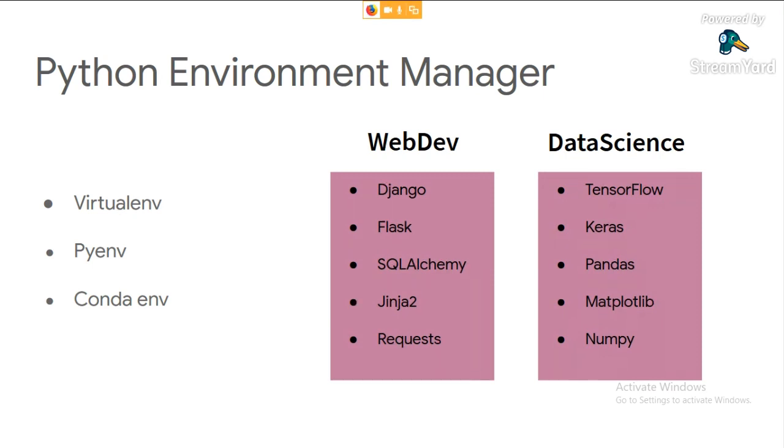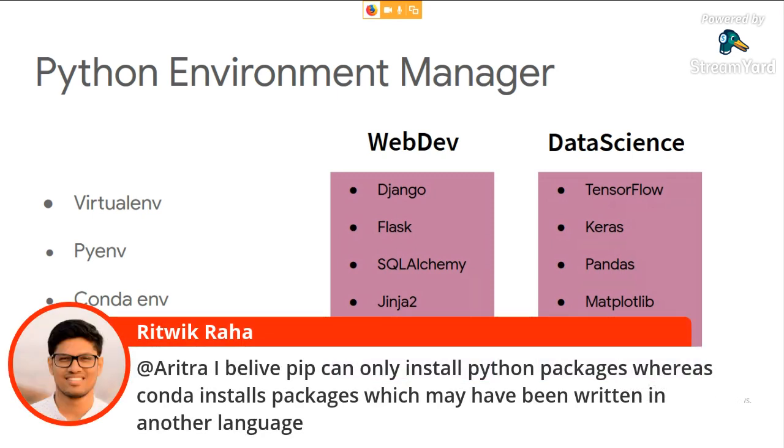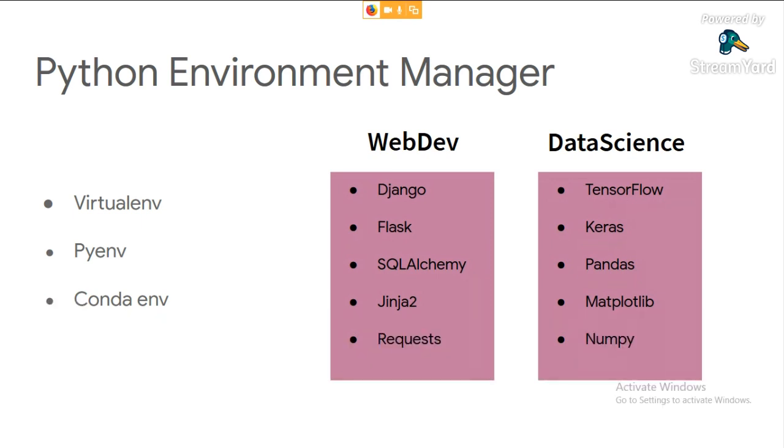It's language agnostic and it's cross-platform. That means you do not have to worry about the platform, be it Linux or Windows. And Conda is both a Python environment manager and a Python package manager, which pip otherwise isn't. So with pip you require virtualenv, with Conda you just require Conda.